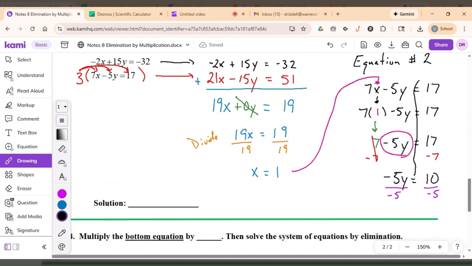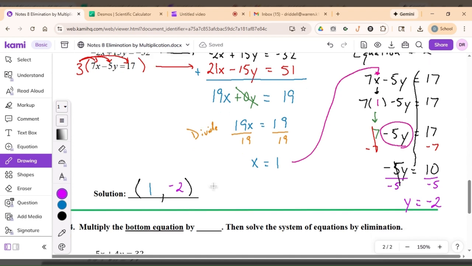And if we divide both sides by negative 5, you're going to solve for y. So we get y equals, and on the right side, 10 divided by negative 5 is negative 2. So there is the solution. We have a positive 1 and a negative 2. And the steps are exactly the same as before. It's just we needed to multiply to get something to cancel.